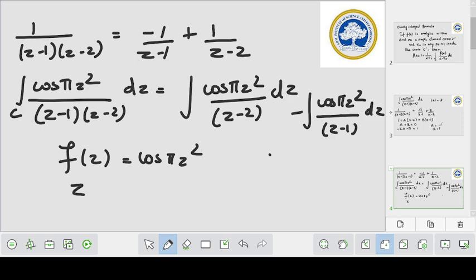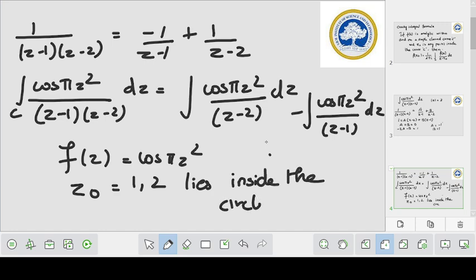Okay, and here by equating the denominator to 0, you have z naught equal to 1, 2, and both the points 1 and 2 lie inside the circle mod z equal to 3.